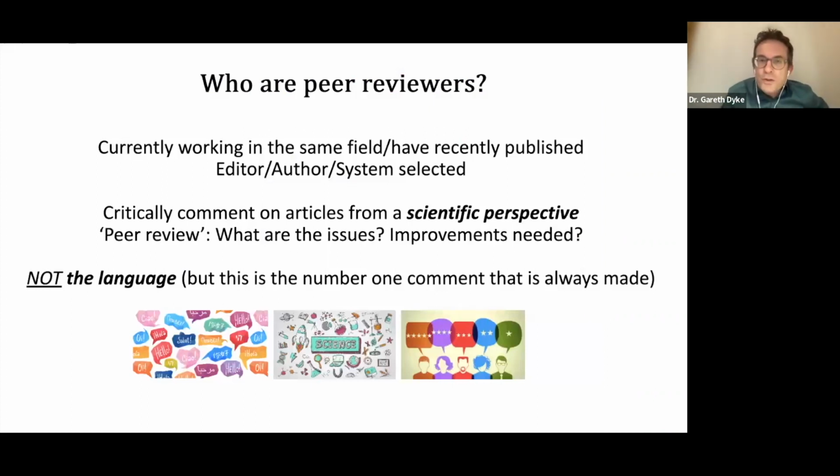Now, as we've talked about before, the colleagues, the researchers, the international experts who will be asked to evaluate your paper as part of the peer review process will be currently working in the same field or will have recently published a similar paper to the one that you are putting into the journal peer review system. And most often, these colleagues, these peer reviewers, are selected by the editor using an online system, or they come from your suggestions.